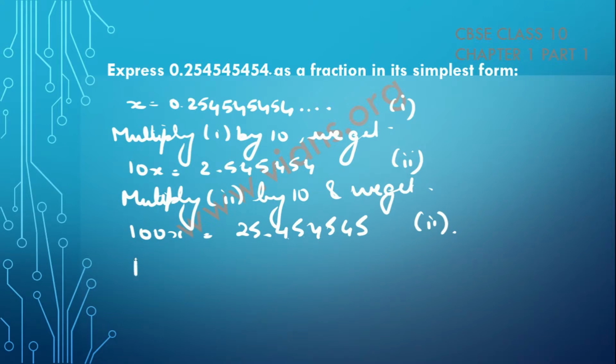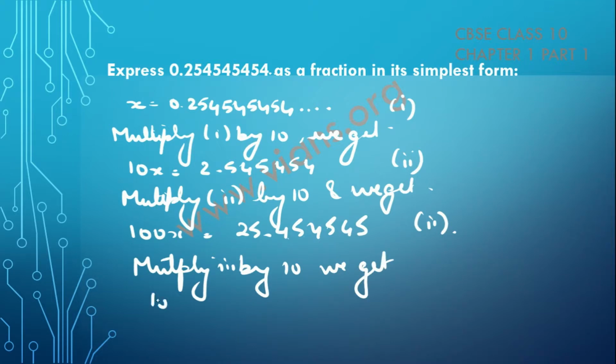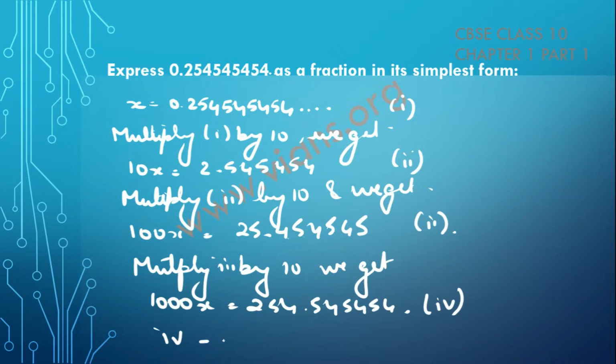So if you just see, multiply 3 by 10, we get 1000x is equal to 254.54. So sorry about that. So now if you see, this is 4. So irrespective of whether you do 4 minus 2 or 3 minus 1, what are you going to get?